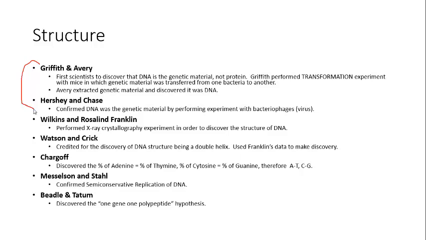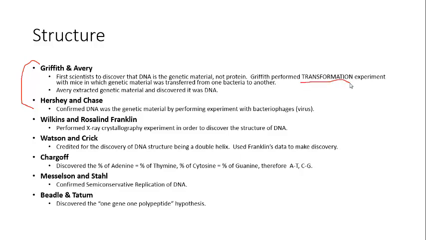Avery extracted the material that was being transferred and discovered that it was DNA. So it was really the first experiment that showed that DNA was the genetic material. And the key word to link with the Griffith and Avery experiment is the term transformation.